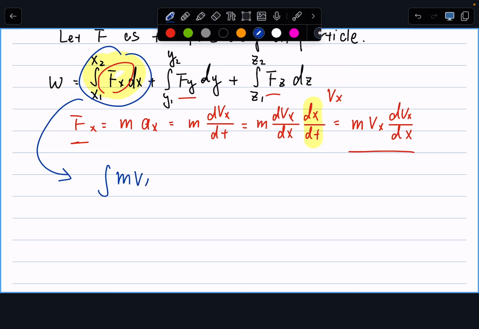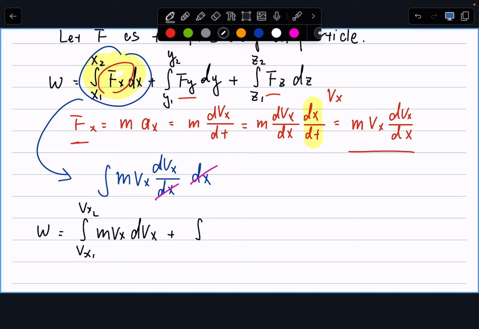That's mvx dvx dx dx. And these cancel out. And thus our work becomes the integral from Vx1 to Vx2 of mvx dvx, and the same for other directions.